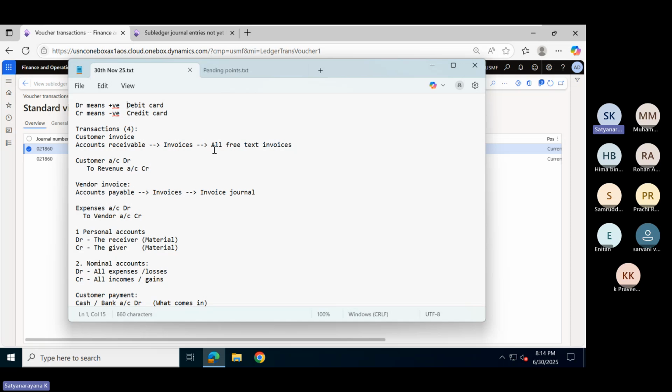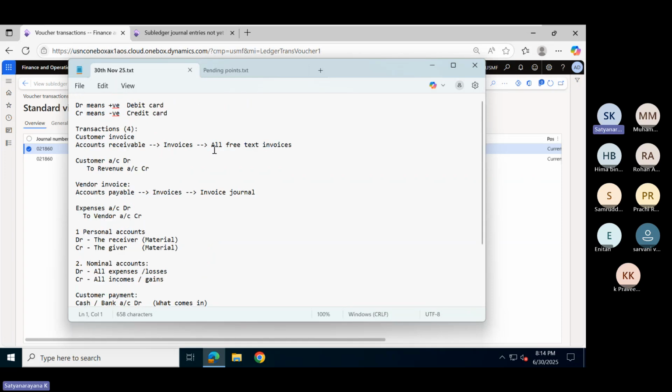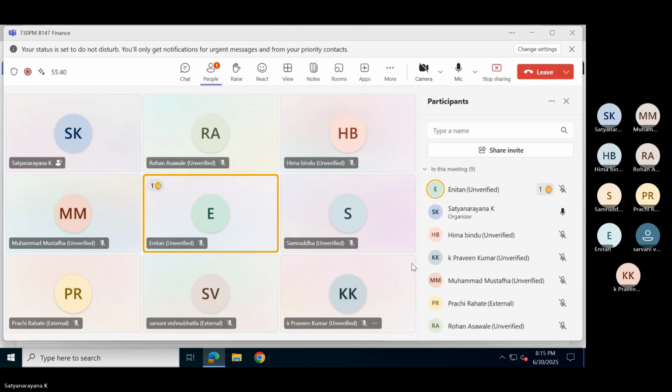But try to learn these 4 transactions, 3 golden rules at the earliest. Otherwise, you can practice in front of the mirror. What is debit? What is credit? If you are a shy guy, then try to practice in front of the mirror. Then only you can remember these things.